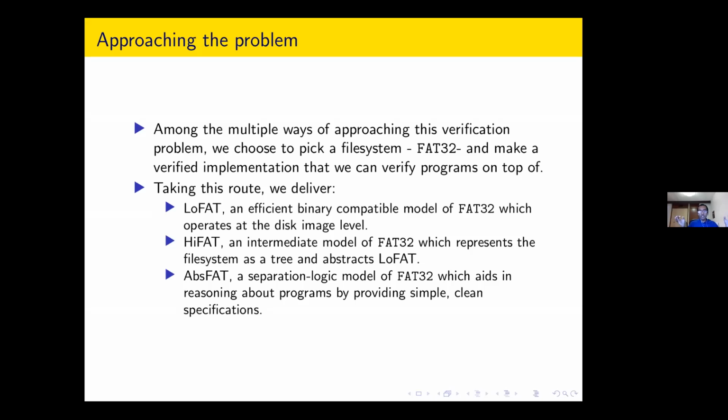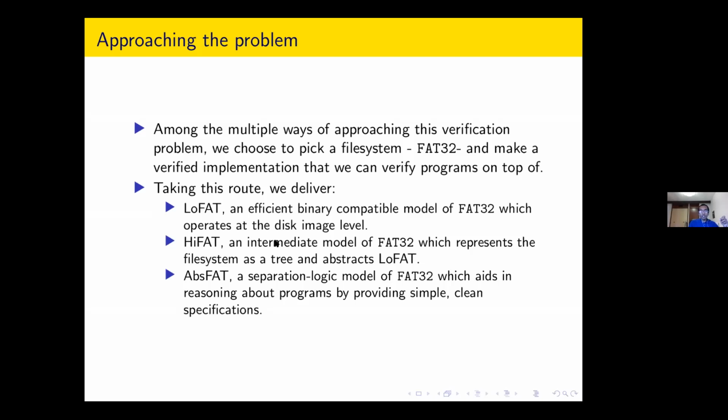Using this, we deliver the following. We have the two models, low fat and high fat, which refer to low level of abstraction and high level of abstraction. So there's a formal refinement relationship between the two, in that low fat refines high fat, and this is something that's proven.